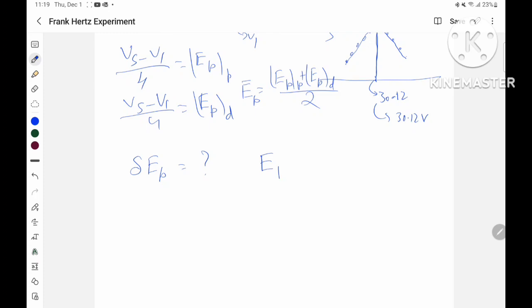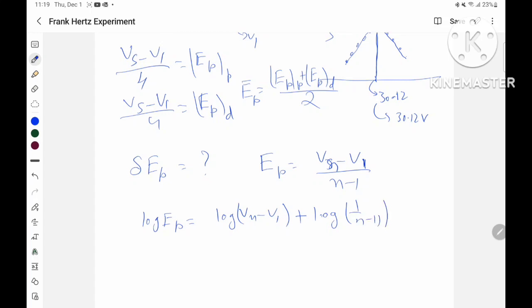You have EP is equal to V5 minus V1 by, or let us call this, Vn minus V1 by n minus 1. So from here if you take the log, log EP is equal to log of Vn minus V1 plus log of 1 upon n minus 1.